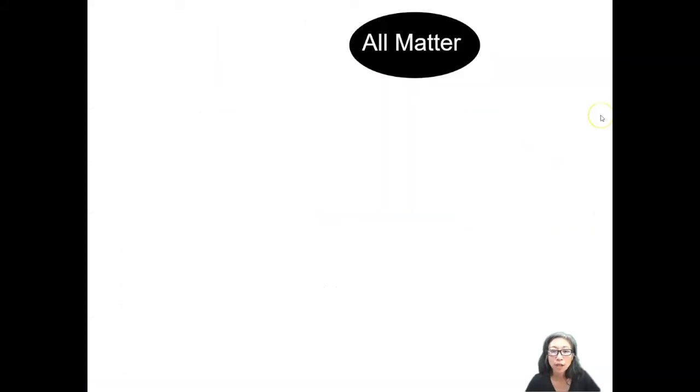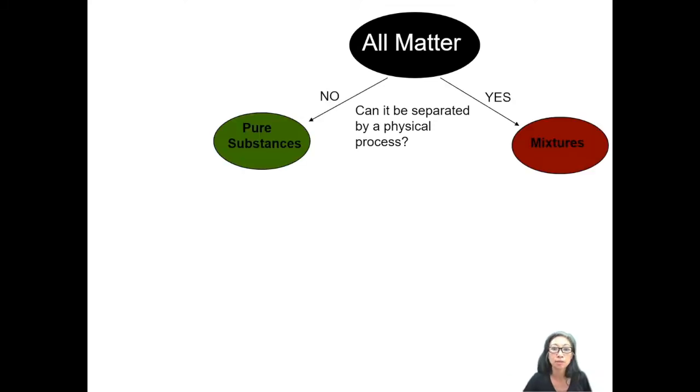So classifying matter by composition, taking all matter in the universe, you ask, can you take this thing and physically separate the parts? If the answer is yes, then you're talking about a mixture. If the answer is no, then you're talking about a pure substance. If you have a pure substance, you ask, can you break this down into simpler parts?